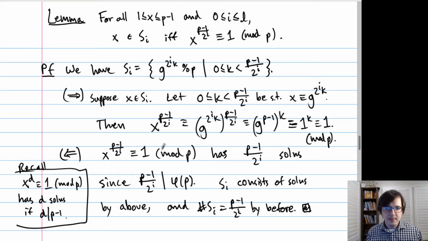So, well, (p-1)/2^i is a divisor of p-1, so it has exactly that many solutions.